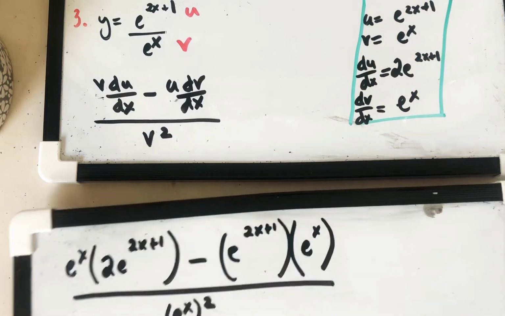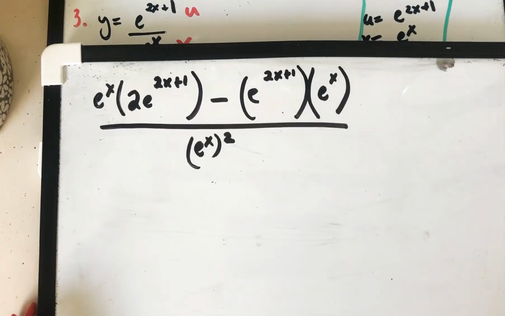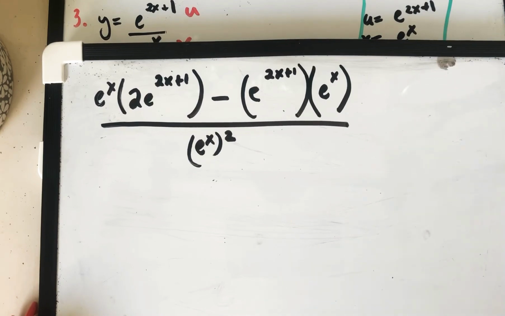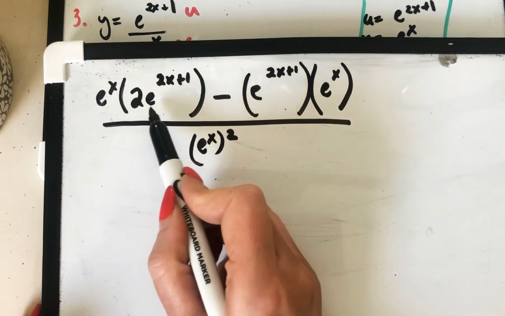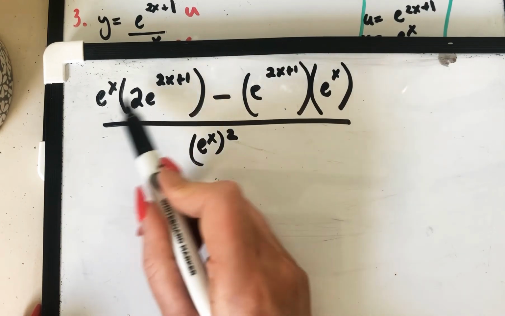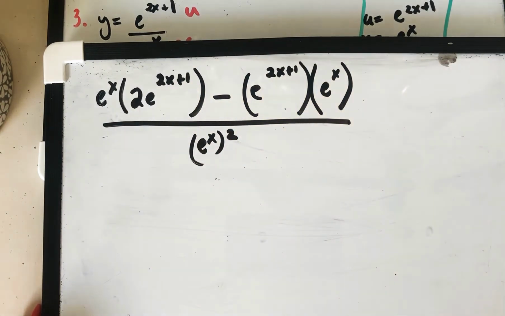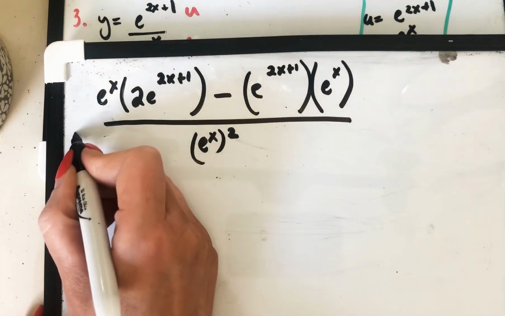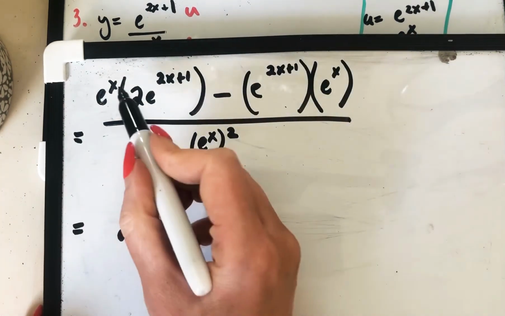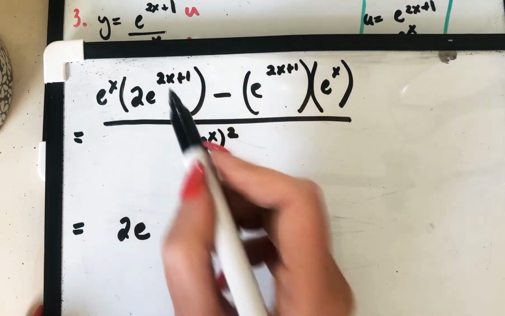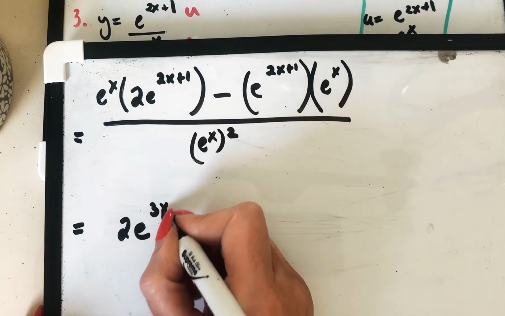Okay, so let's work out this. Well, let's think about the rules of indices here. So we are multiplying e to the power of x into 2e to the 2x plus 1. So if you're multiplying powers, it means you have to add your powers. So we have 2e. Well, if we add x and 2x, we get 3x plus 1.